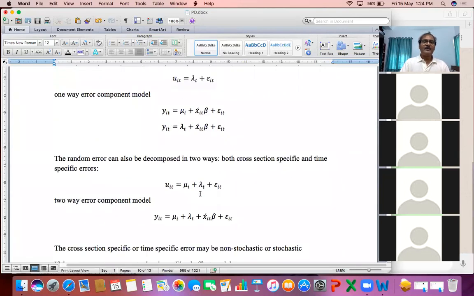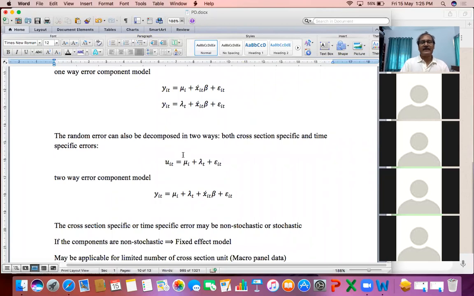Or when we decompose the error in two ways, that is, we are considering both dimensions together, along the cross-section unit mu_i as well as over the time period lambda_t. So if u_it is equal to mu_i plus lambda_t plus epsilon_it, then we have a model which is known as the two-way error component model.